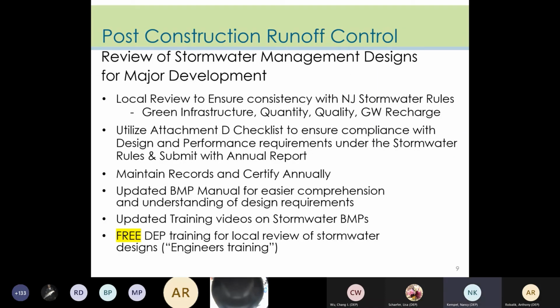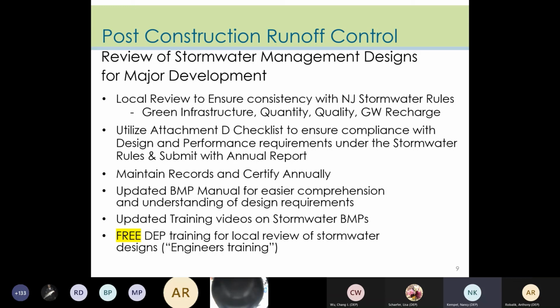So under the post-construction runoff controls, which was mostly what we were covering over the last 3 or 4 days, we have local review by all the towns in New Jersey and the other MS4 permittees to ensure consistency with the New Jersey stormwater rules for green infrastructure, water quantity, water quality, and groundwater recharge.